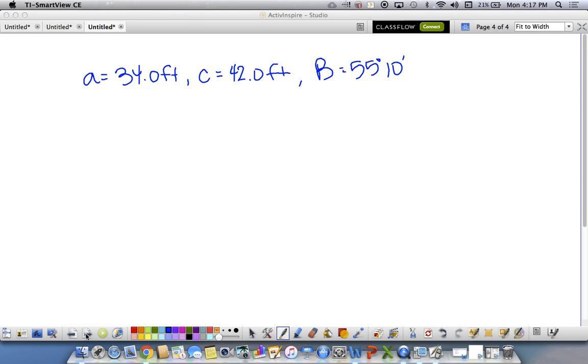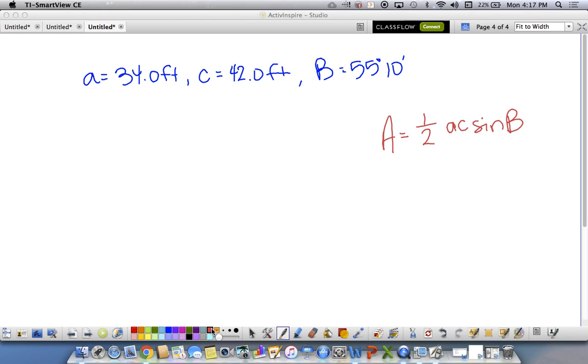So the formula, which I will give to you: the area equals 1/2, because remember it is a triangle, the two sides you're given, whatever sides they are, and the sine of the angle in between them.